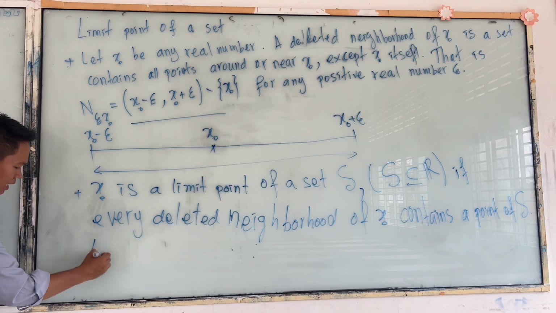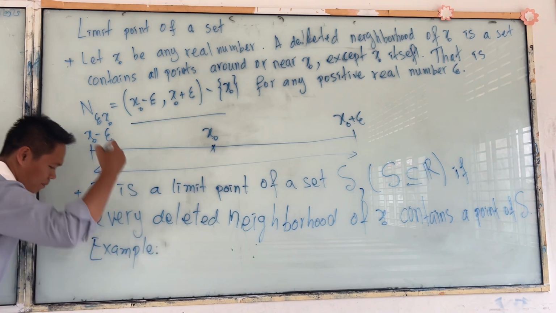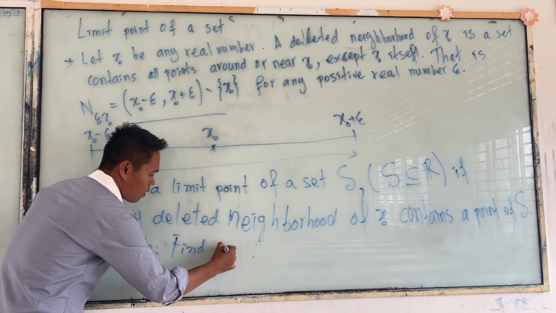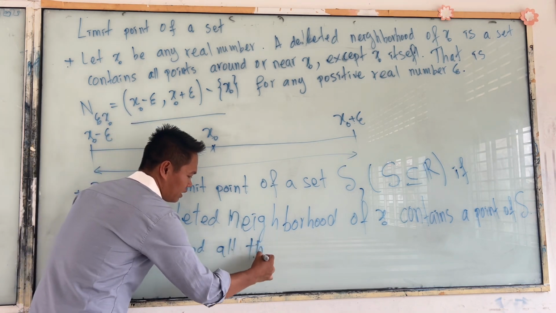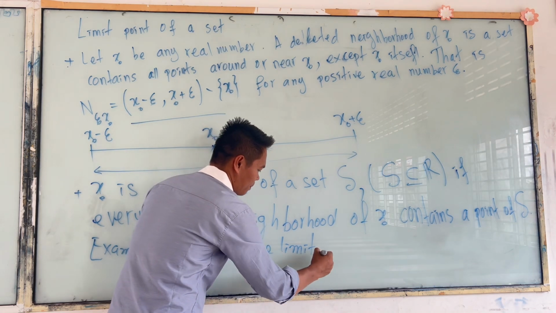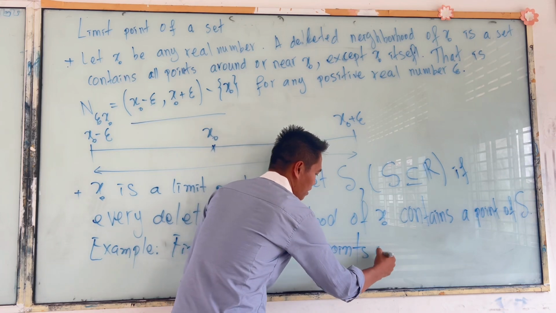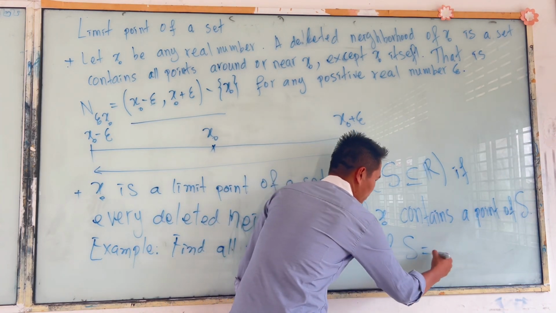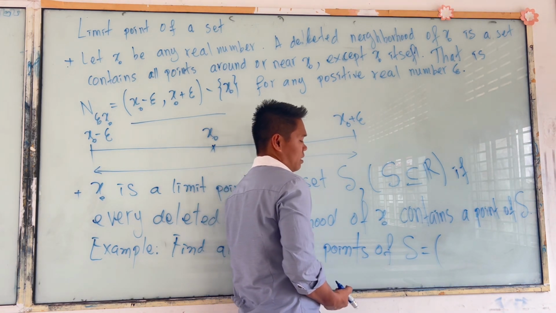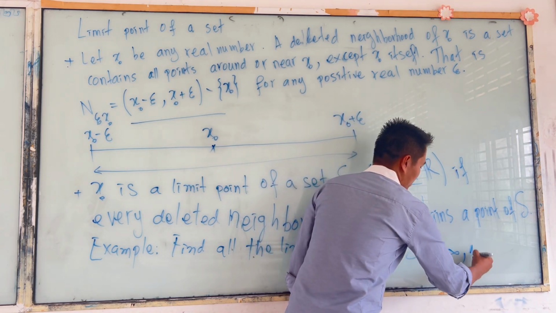Example. Find all the limit points of S equal to the open interval negative infinity to 1.